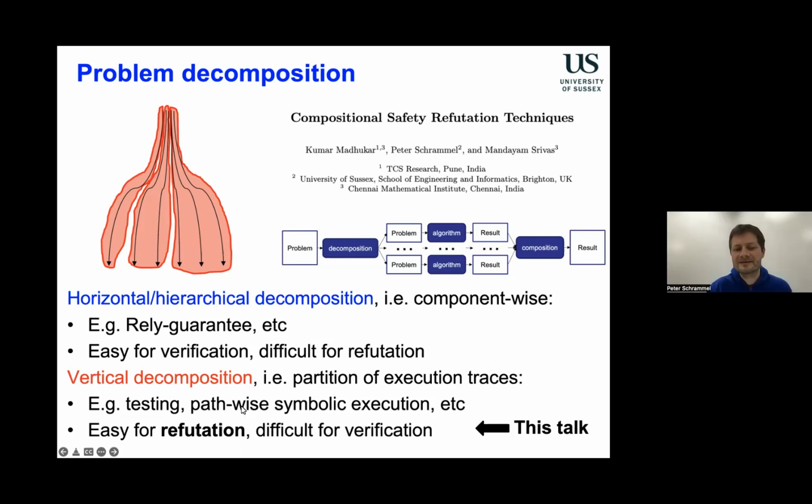KLEE does pathwise symbolic execution. It doesn't parallelize it, but essentially follows one path down and then follows the next path down. It doesn't do it in that clean way as depicted here, but it's kind of that idea.